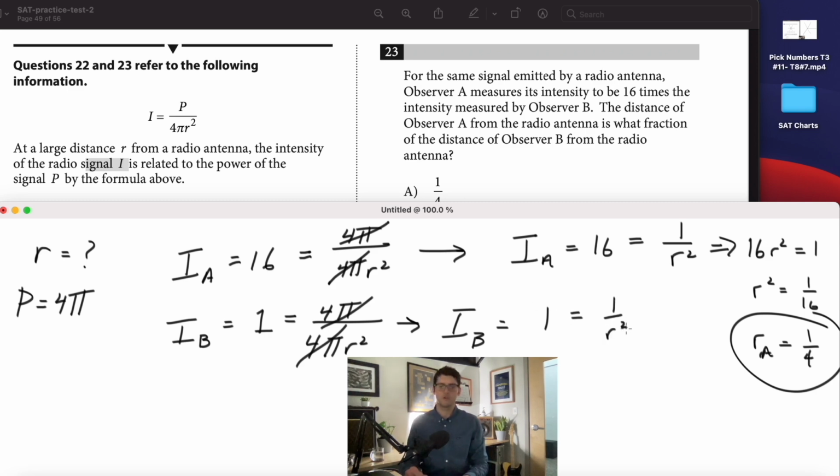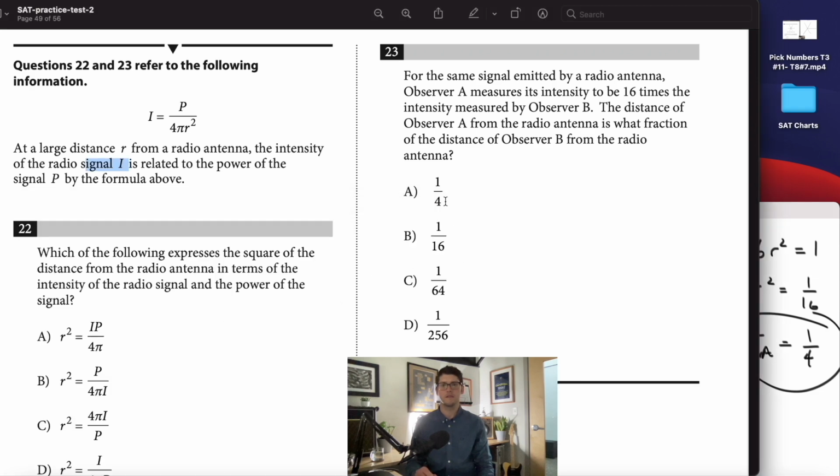So then, of course, R squared equals 1. You could cross multiply. R squared equals 1. Square root of that means R sub B equals 1. So we're comparing these two values. And in this case, the distance is 1/4, right?